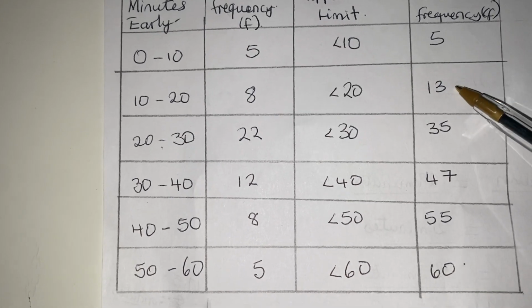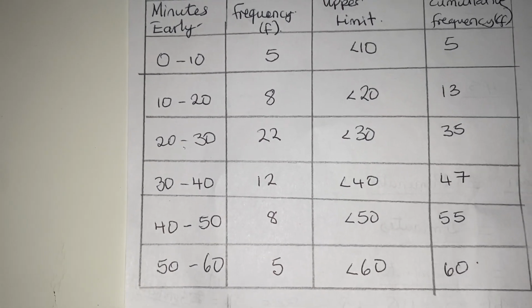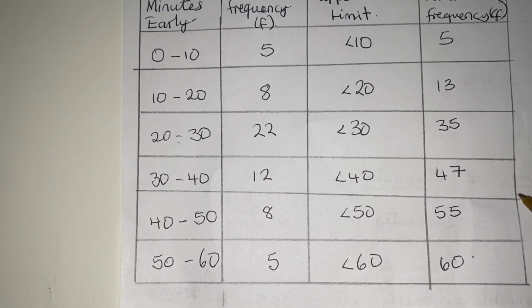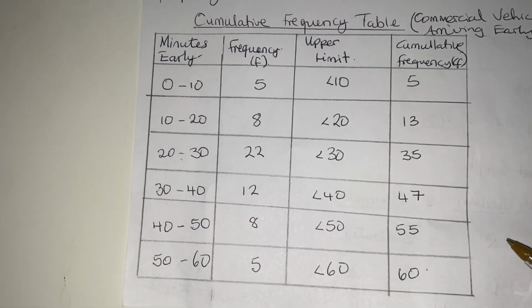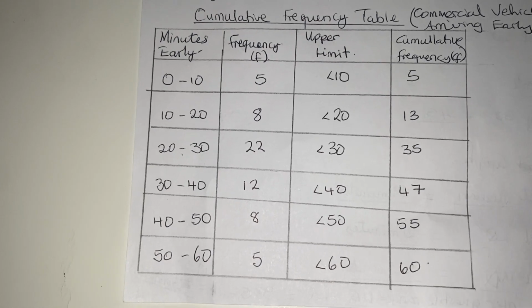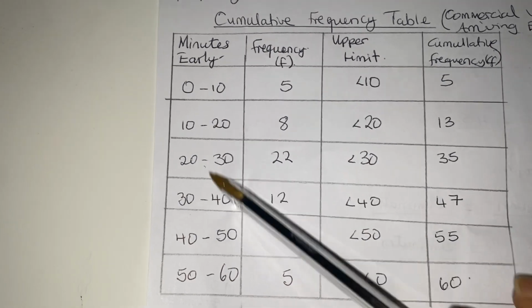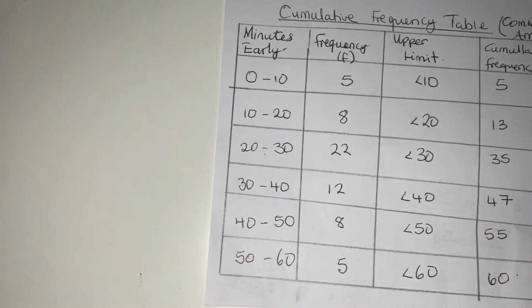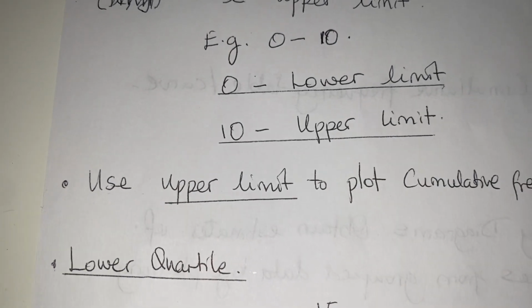The median is halfway through the 60, which will be 30 on the frequency axis, and then you find the corresponding value on the x-axis, which here will be minutes early. So I'm going to show you how to do that. We are going to use this graph to interpret. That's why I didn't do 2 questions, because this graph can teach us a lot of things.